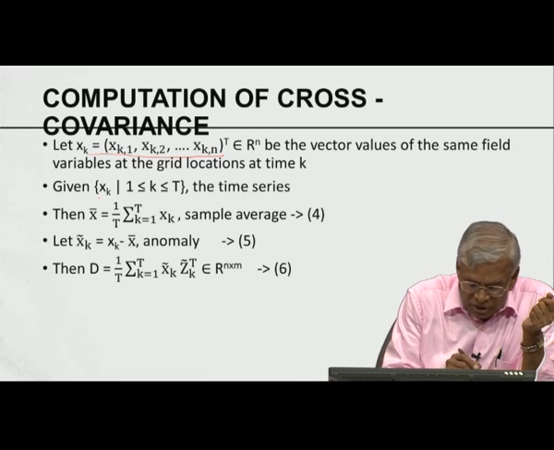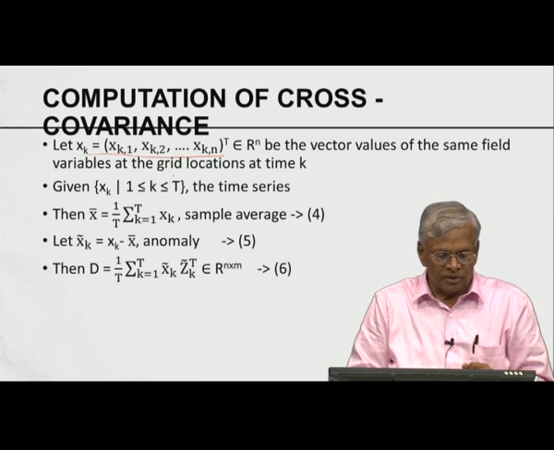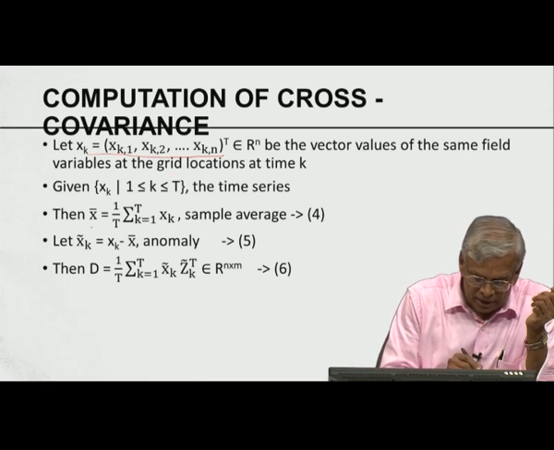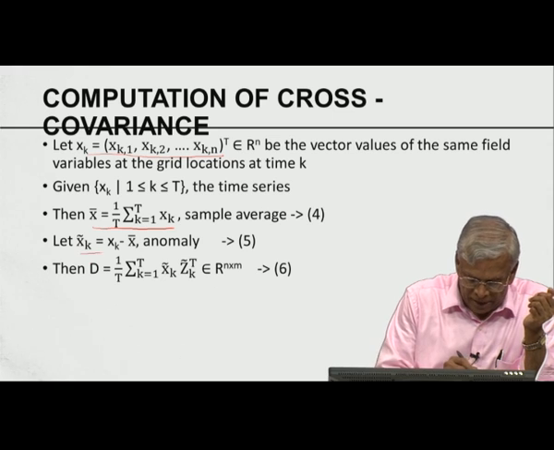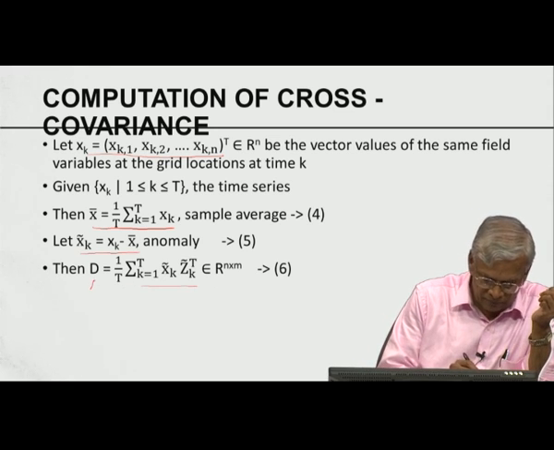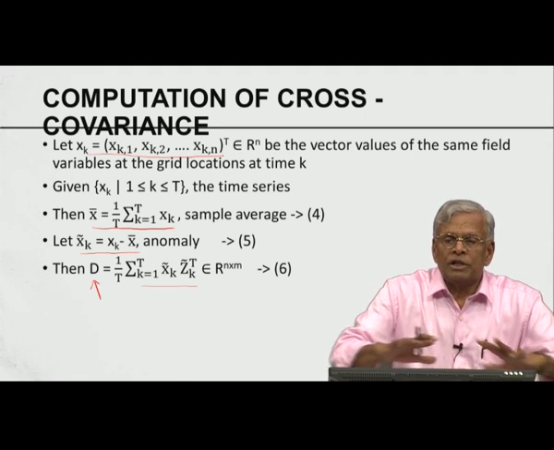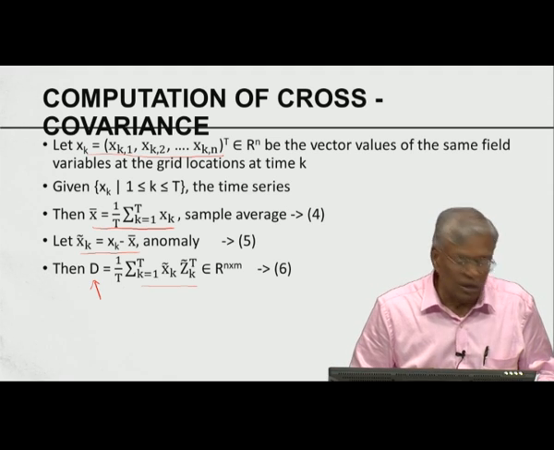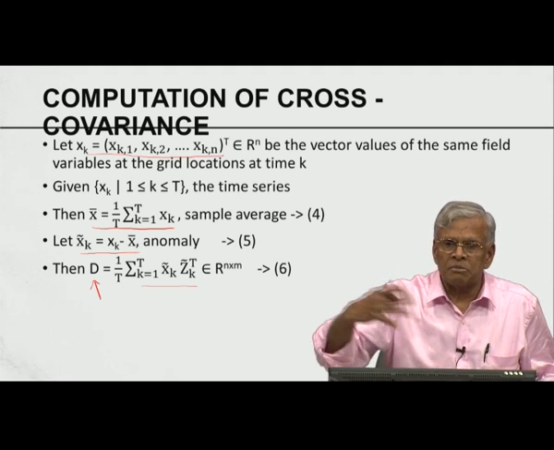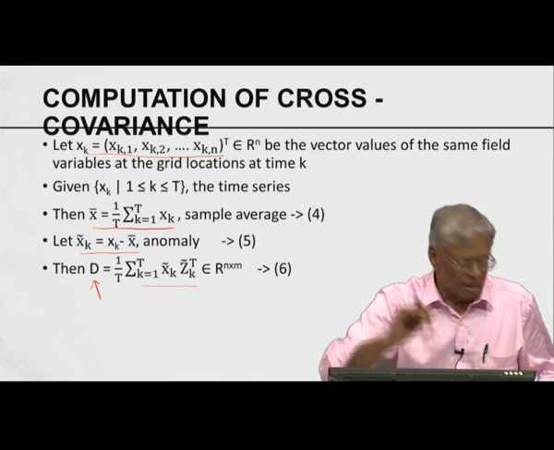If Z has a time series, there is a corresponding time series for X. Once I have the time series, I can compute the mean, I can compute the anomaly, I can compute the cross product, which is D. So there we talked about the concepts, here we talk about algorithms. So concepts, algorithms, algorithm for C, algorithm for D are given.